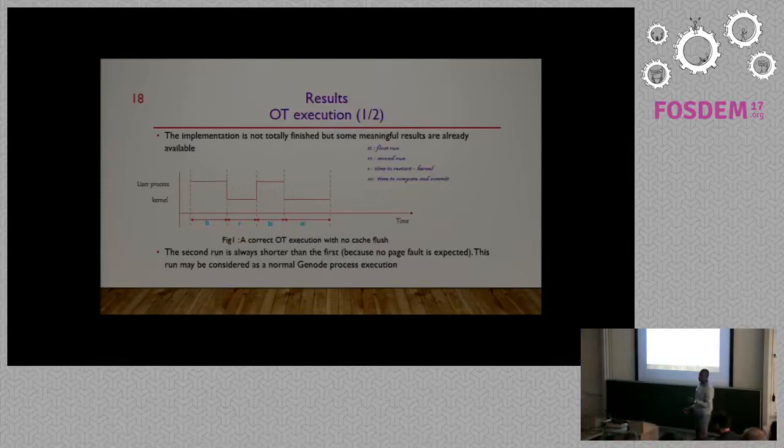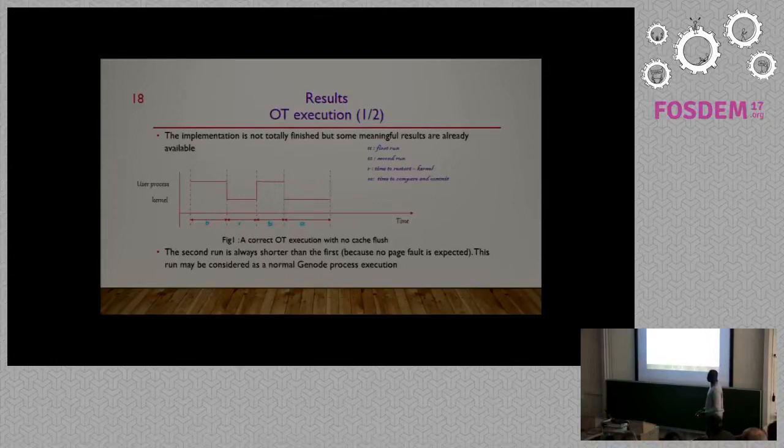That is normal, because after the first execution, we already know all the memory pages that the process will modify. So during the second execution, the process will not have to fault on page demand. So we already know all the pages that will be modified. That is why the second execution is shorter than the first.